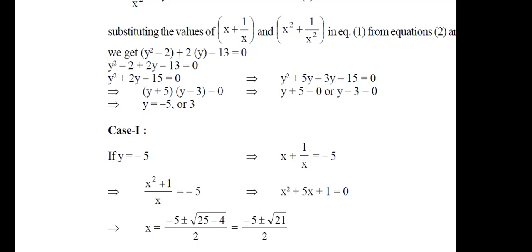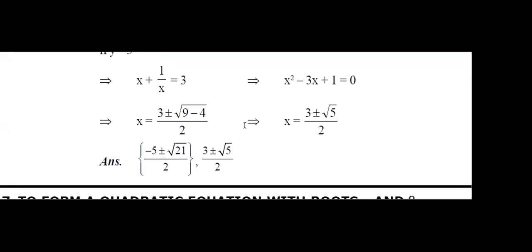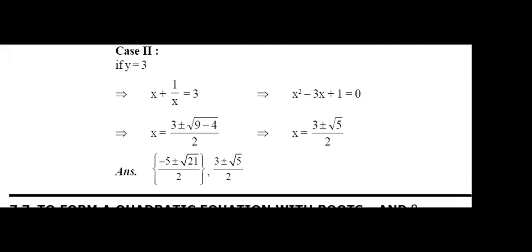So technically we will get two equations now. That was for case one. When you talk about case two, when y is equal to 3, then I'll get another two solutions. The total number of solutions will be 4, same as the previous question. Make sense? I hope all of you understood this.